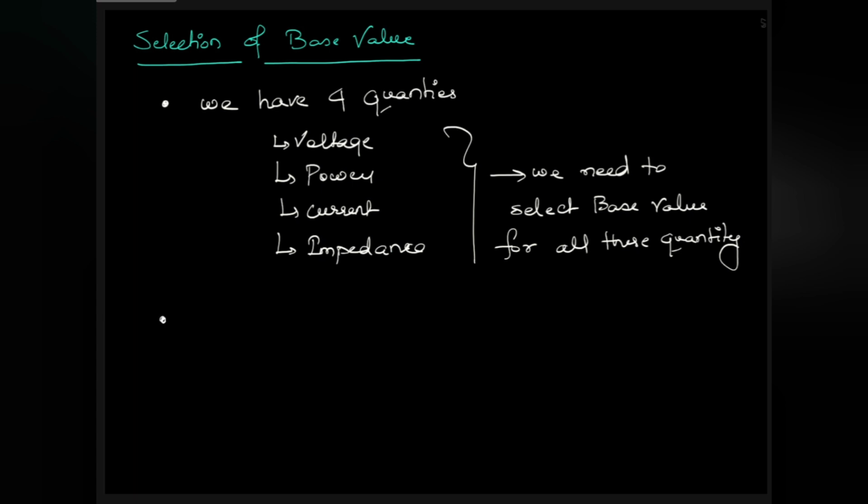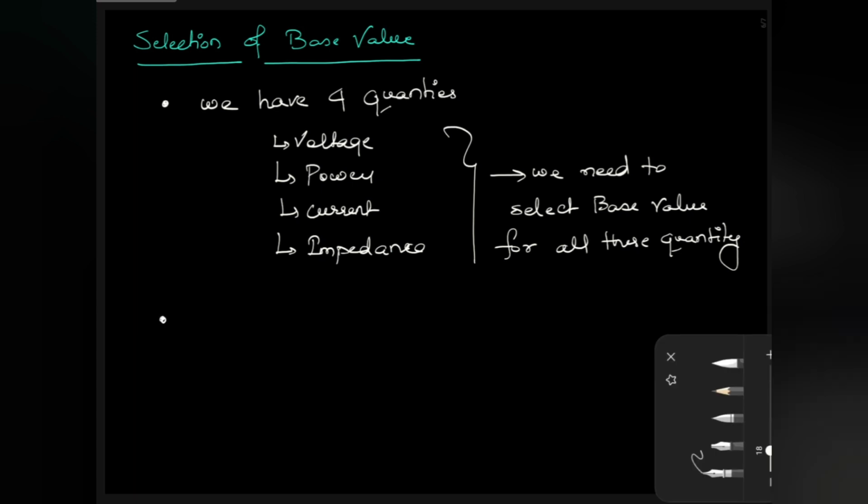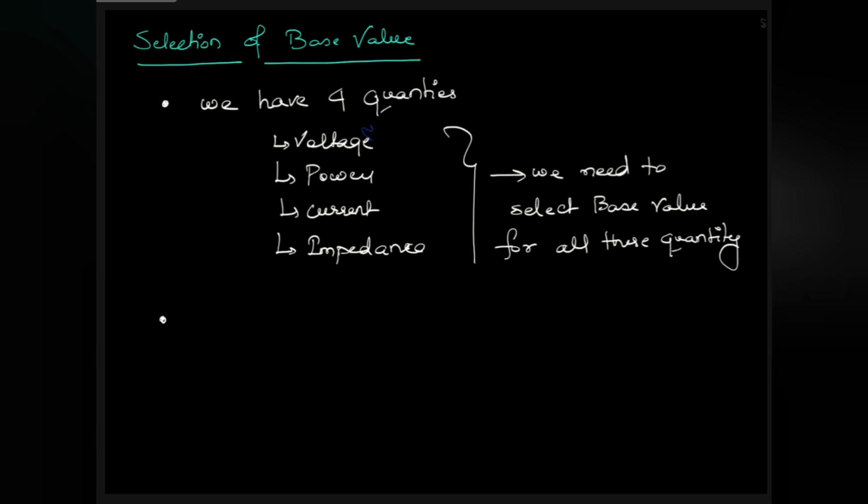Now if we select the base value of power and voltage, we can easily derive the base value of current and impedance.